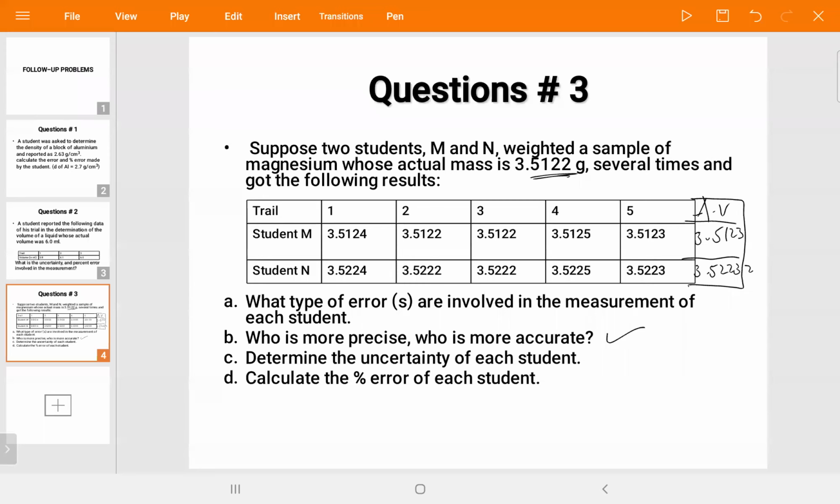So you can easily deduce that student M is more accurate than student N, right?